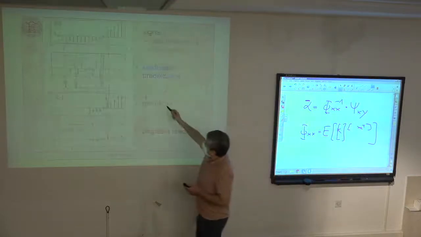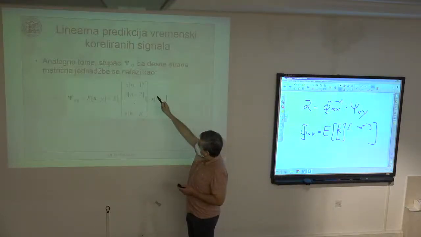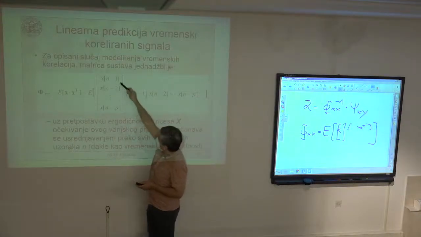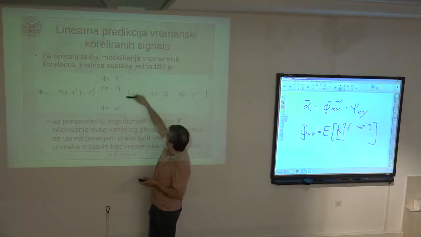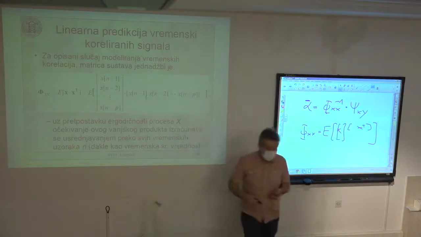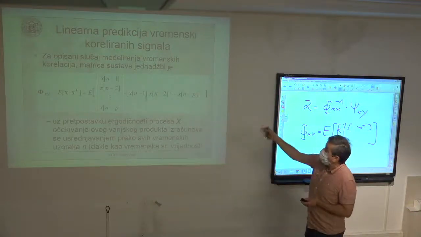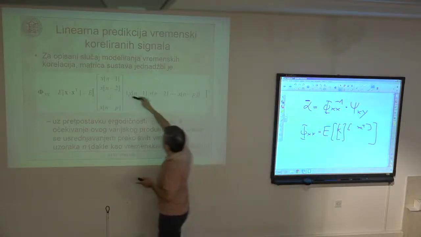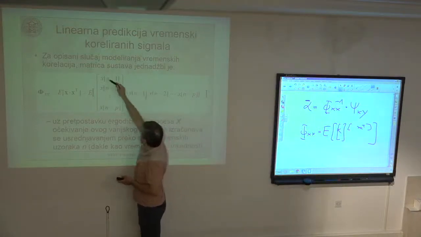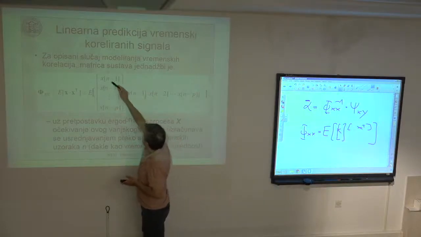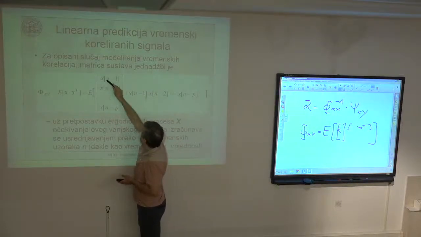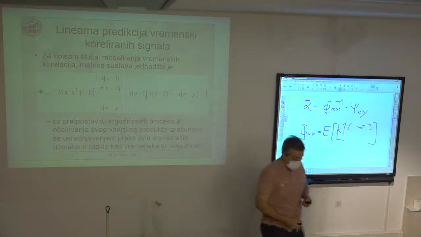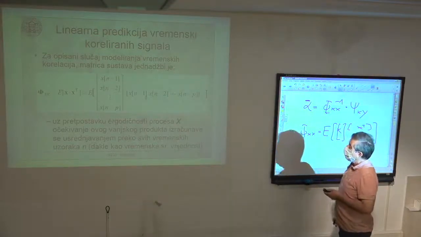So by inserting this source vector, x of n minus 1 to x of n minus p, times the same vector as the row vector, and by multiplying according to the rule of the outer product, I have this times this in the first row, first column. Then first row, second column, this times this, and so on. Then the second row, then the third row, and up to the last row.